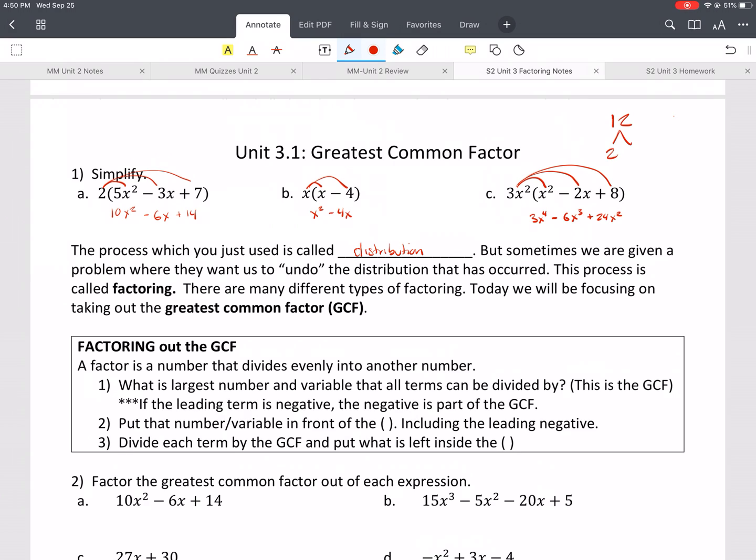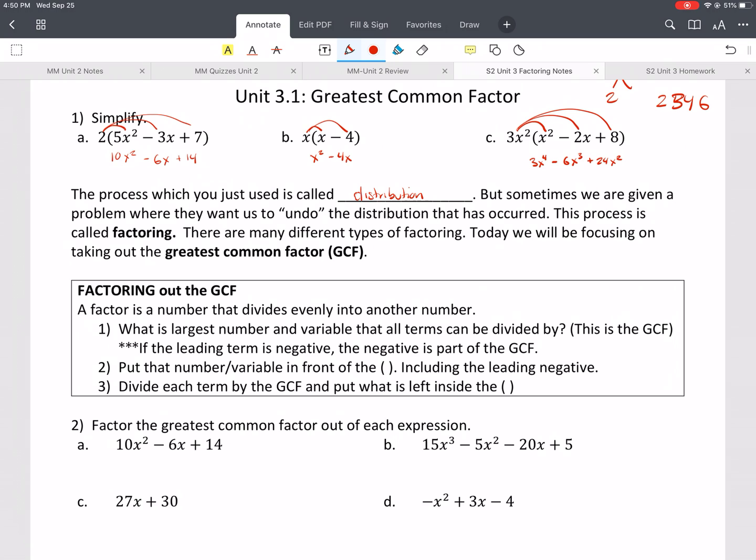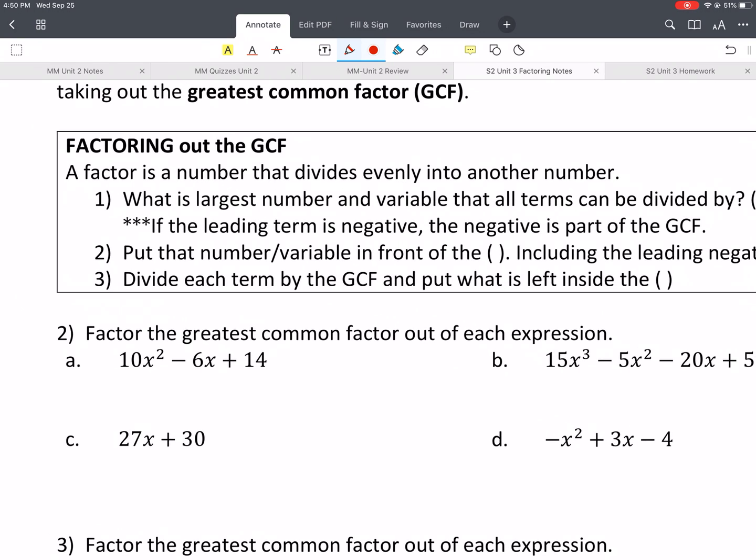Like a list of all the factors of 12 could be 2, 4, or 3, 4, 6. Those would all be factors of 12. Okay, so we want to find the common denominator, or not the common denominator, the common factor, so that we could factor things out.